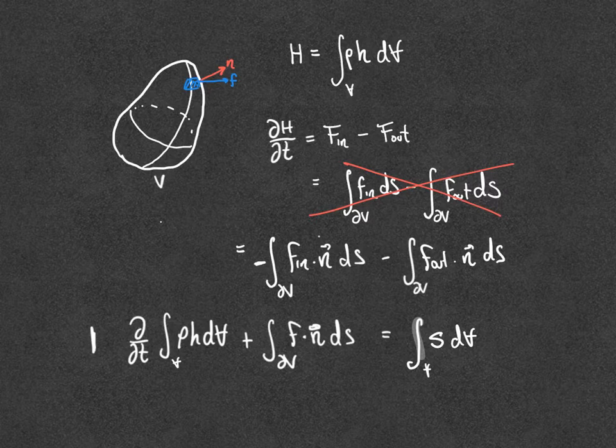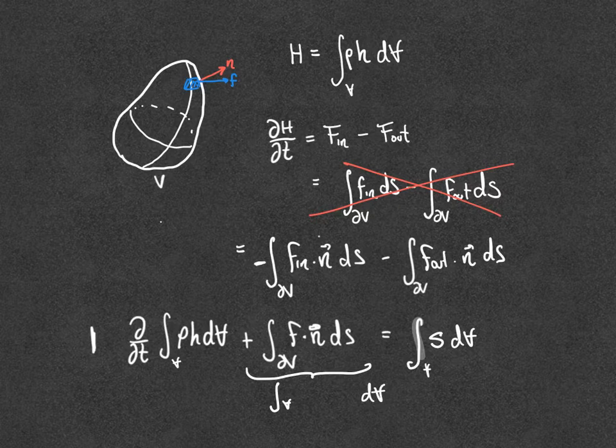Now the idea is that we want to have all integrals to be volume integrals, which means that we want to change this somehow and express this quantity within a volume integral. Any clue what we should do?